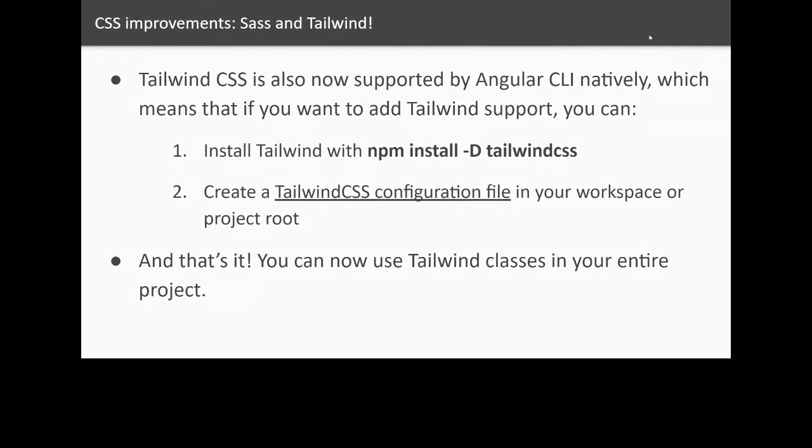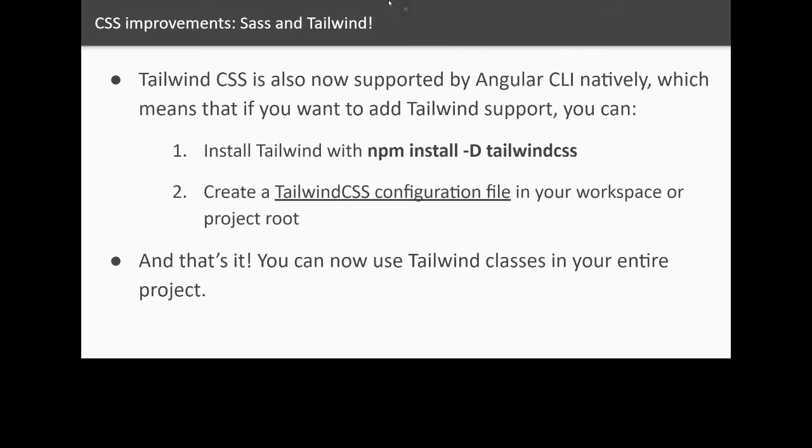A lot of people are using it, and it is pretty good that now you can just do an npm install of Tailwind CSS inside your Angular 12 project, create your Tailwind CSS config file, and that's it. You're good to go. You can use Tailwind within your Angular app. So it's really just adding the dependency, having the Tailwind CSS config file created, which there's a tutorial on how to do that on the Tailwind website. And then it is working out of the box with your Angular application.